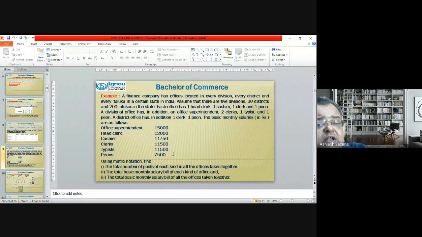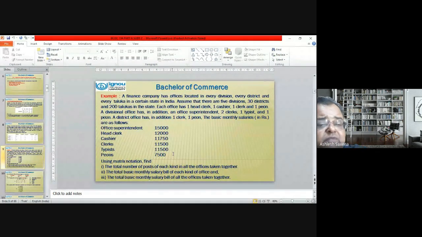A divisional office has, in addition, an office superintendent, two clerks, one typist, and one PM. A district office has, in addition, one clerk, one PM, and the basic monthly salaries are given in this form.